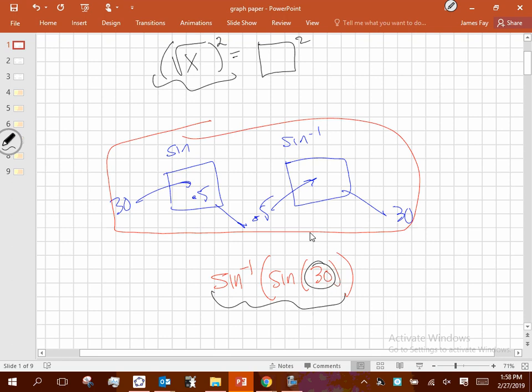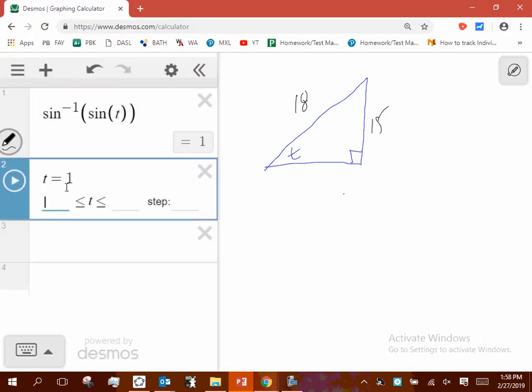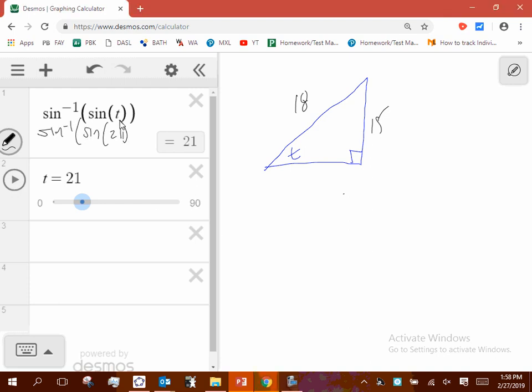Okay. So when I do this, let's look back at Desmos, because people then ask, well, maybe it's just a coincidence that this happened with the number that I chose between 0 and 90. And I told you choose anything you want to. But I create a slider here that I'm allowed to change that t value. So right now, this is saying sine inverse of sine of 21. And what's it spitting back? 21.